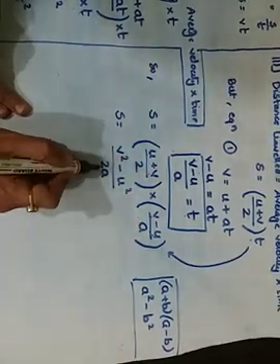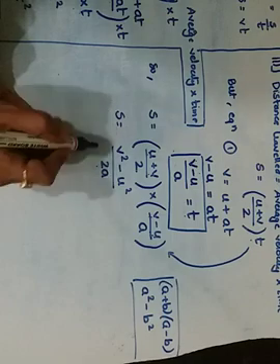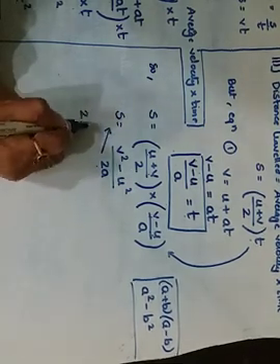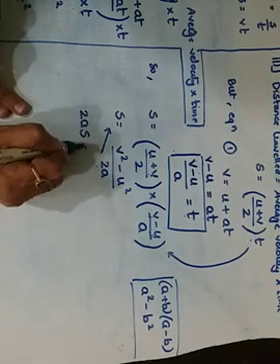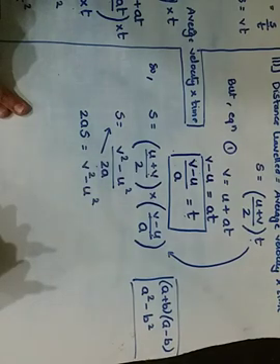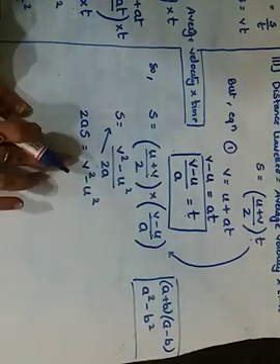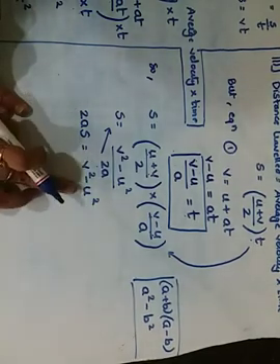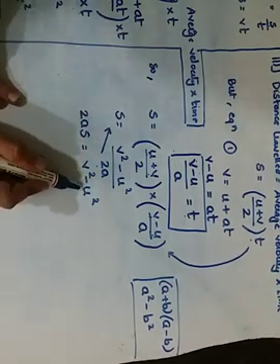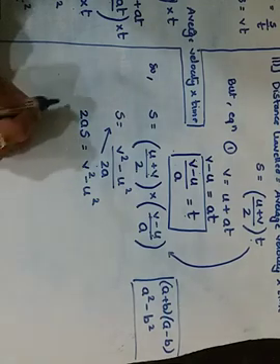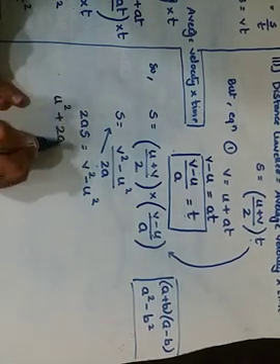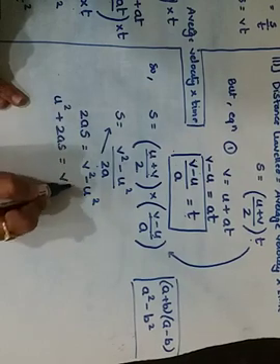Now I shift this 2a on the other side. When I shift it, it becomes cross multiplied. So it has become 2as is equals to v square minus u square. But according to the equation, I want v square. So better I shift this minus u square on the other side. So this minus u square becomes positive on the other side and becomes u square plus 2as is equals to your v square.